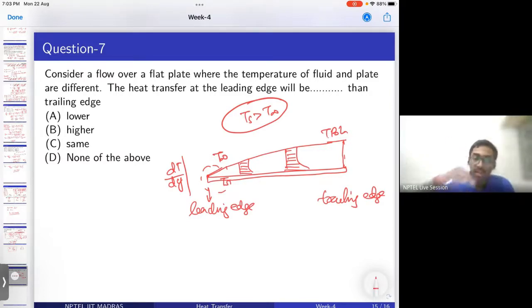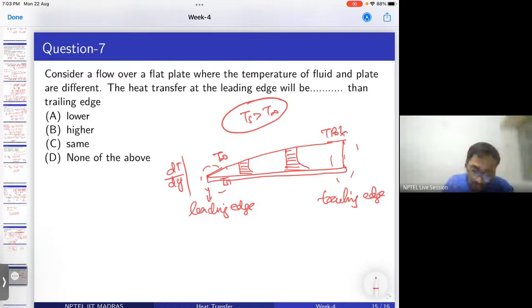The temperature is changing from Ts to T infinity within a short distance. So there is a sharp gradient near the leading edge than the trailing edge.